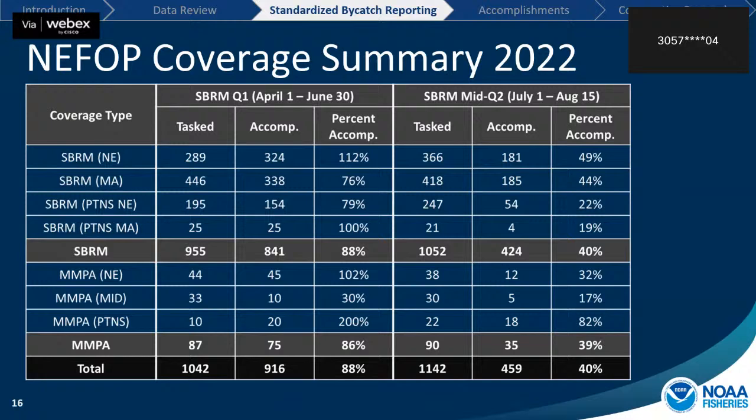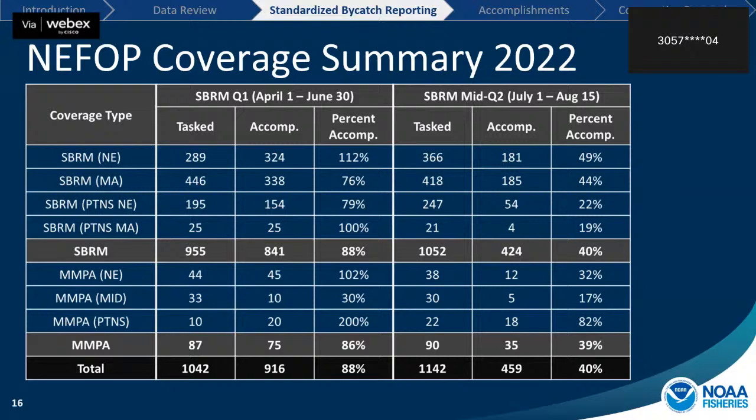First, our call-in system, our pre-trip notification system, is a system that we have in the Northeast for the most part, and that is a requirement mostly for the groundfish fleet, but also the herring and the scallop fleet as well. They don't all use the same call-in system, but there is a call-in requirement.